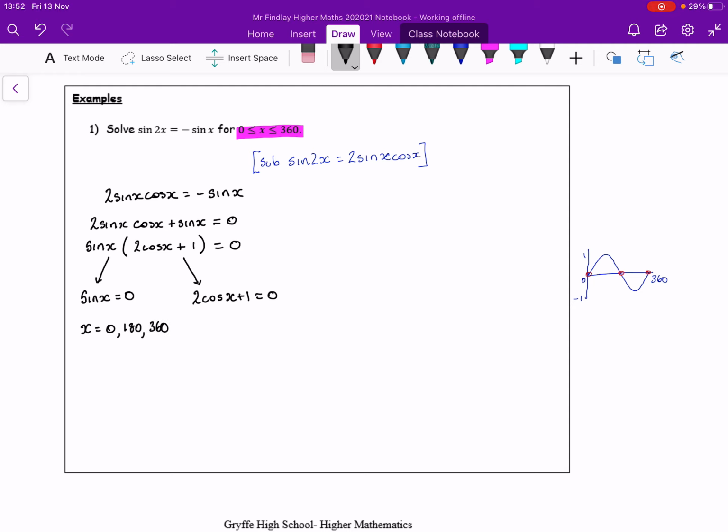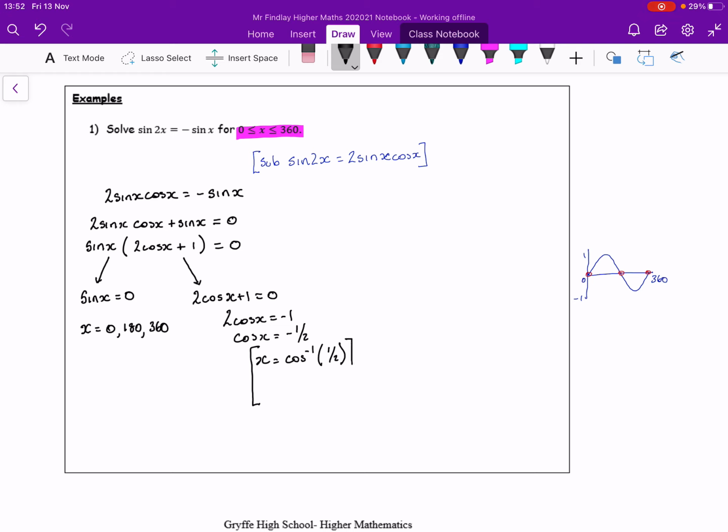All solutions fall within the x values between 0 and 360 within the question. 2 cos x plus 1, very straightforward trig equation now. 2 cos x is minus 1, cos x is minus a half, x is our inverse cos of a half.